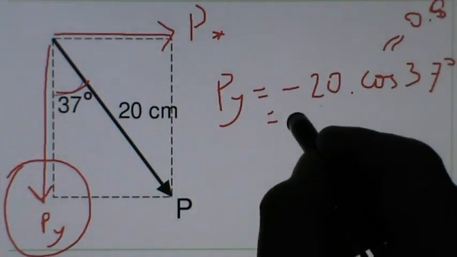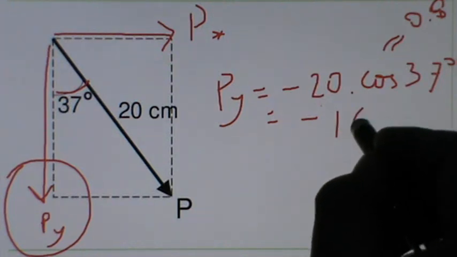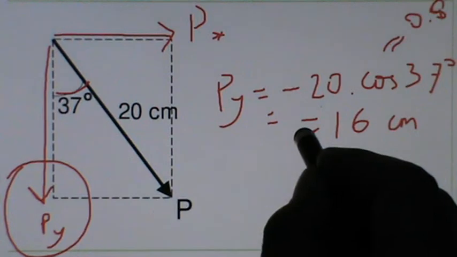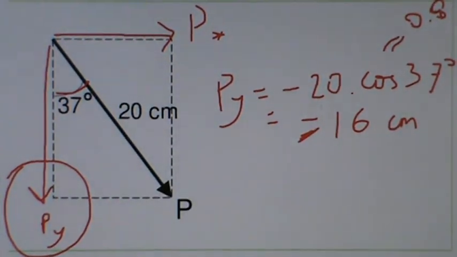Therefore you'll get around minus 16 centimeter. Again, this minus is because the Py is pointing downward.